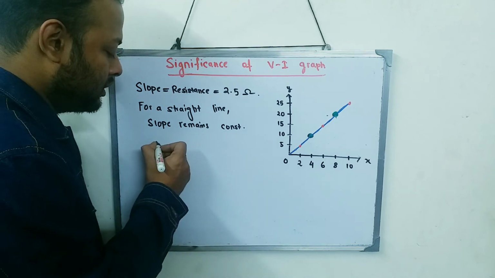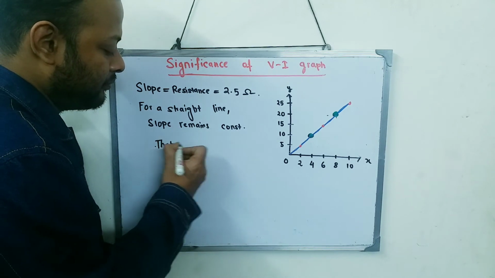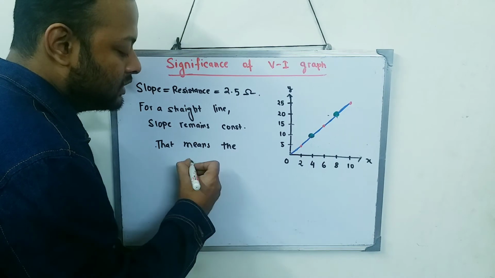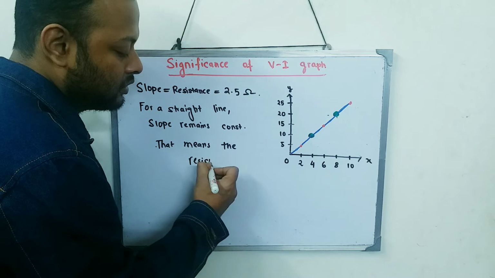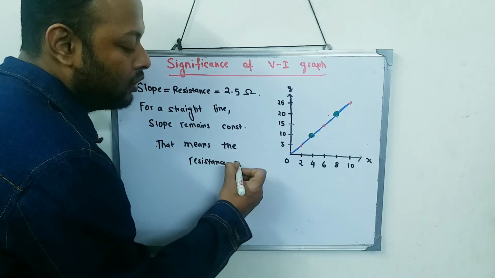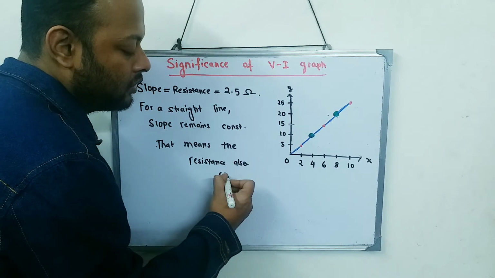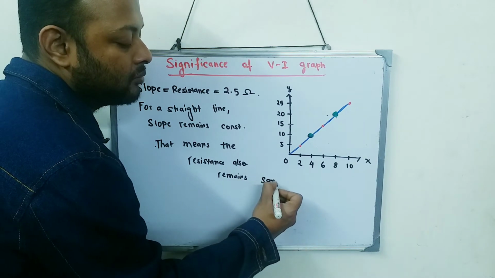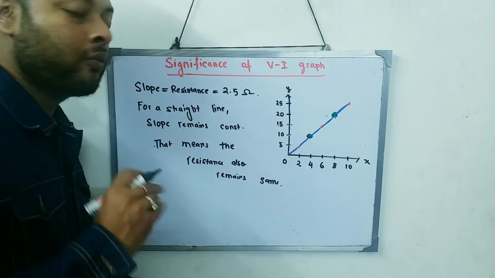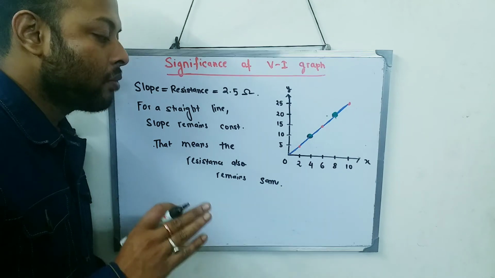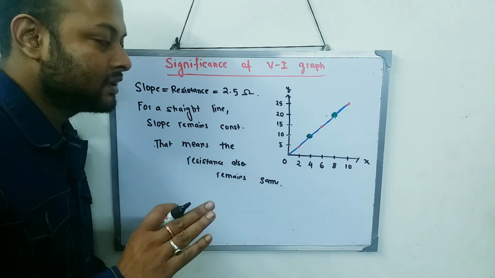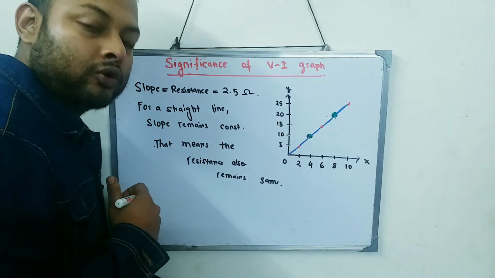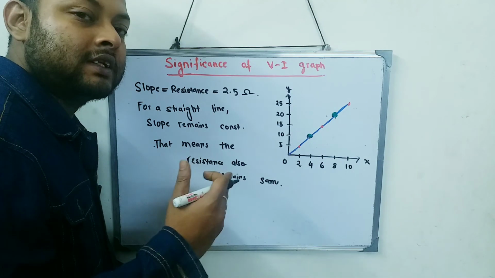That means the resistance also remains the same. So that is why for an ohmic conductor, the resistance does not change. Throughout, the resistance remains the same.